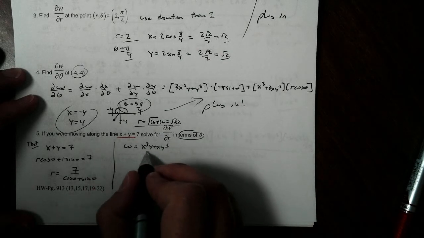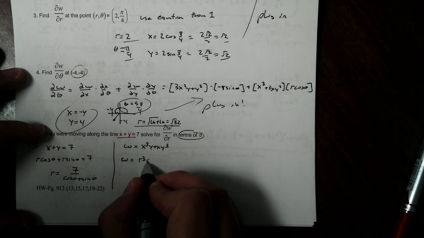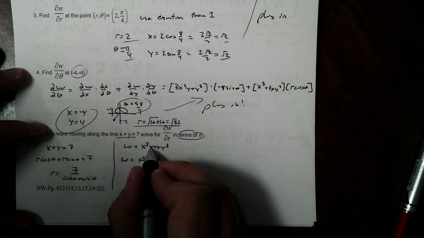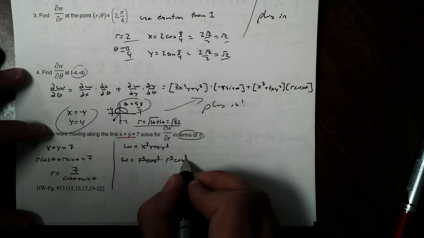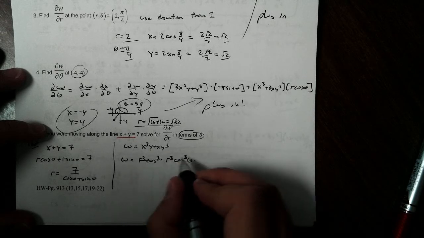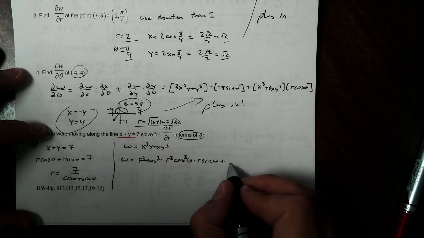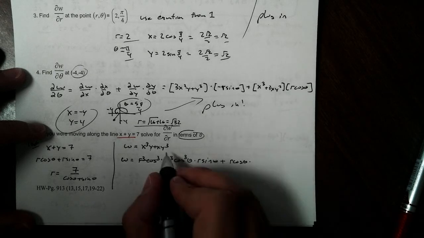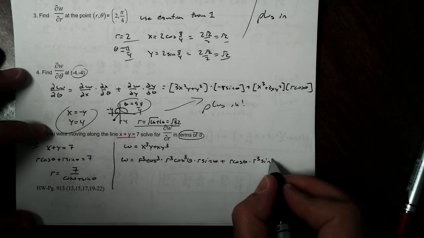That's going to give us r cubed cosine cubed theta times y, which is r sine theta, plus x, which is r cosine theta, times r cubed sine cubed theta.